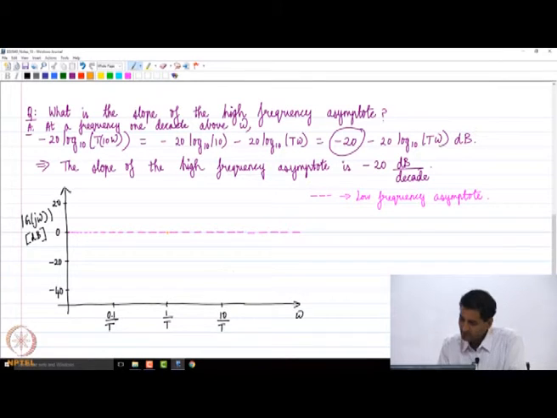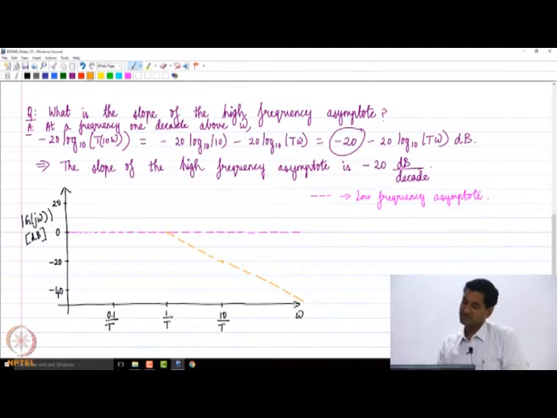So how do I draw it? At 1 by capital T the value is 0 decibels. At 10 by capital T it is going to be minus 20, so I plot minus 20. Essentially I draw a straight line which passes through these two points.